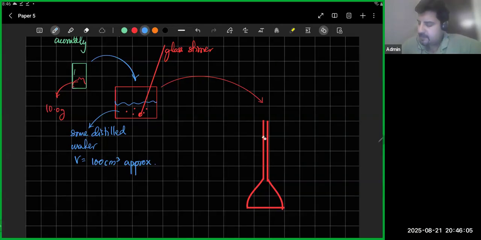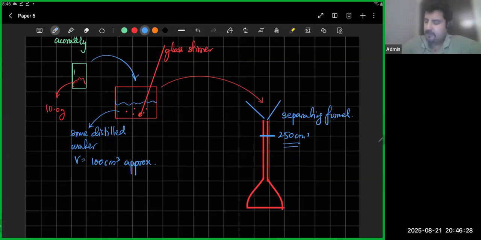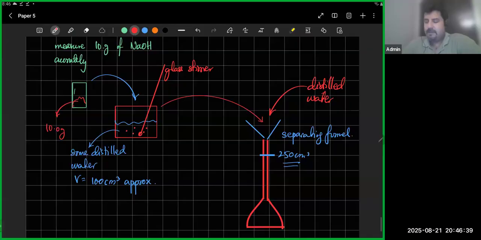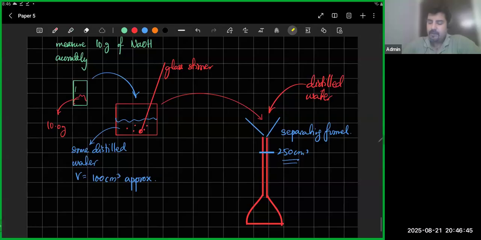Your volumetric flask has just one mark, and it comes in many sizes. We'll have a 250 cm cube mark, and you would obviously need a funnel. And you'll fill this up till the mark. You're going to add more distilled water to it. So that's how we're going to write down the steps as well. Okay, they'll ask this question very frequently.